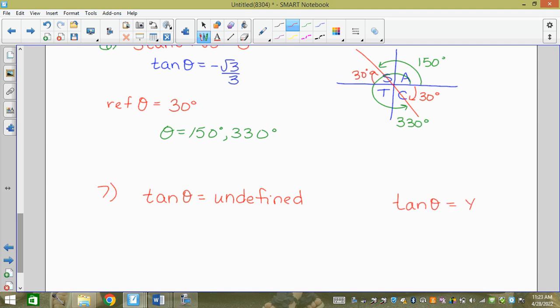Y divided by x. So if I want an undefined, I need to find all the spots where x equals 0. Go find the spots where x equals 0. Oh, there and there, exactly. Perfect. Where does x equal 0? 90 degrees and 270.